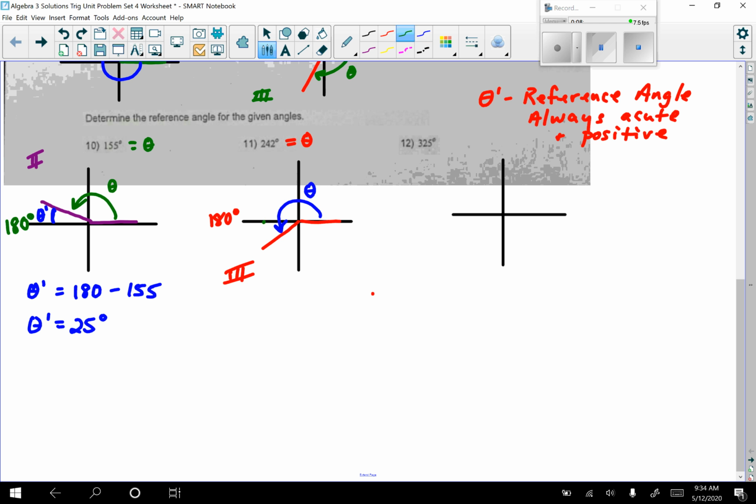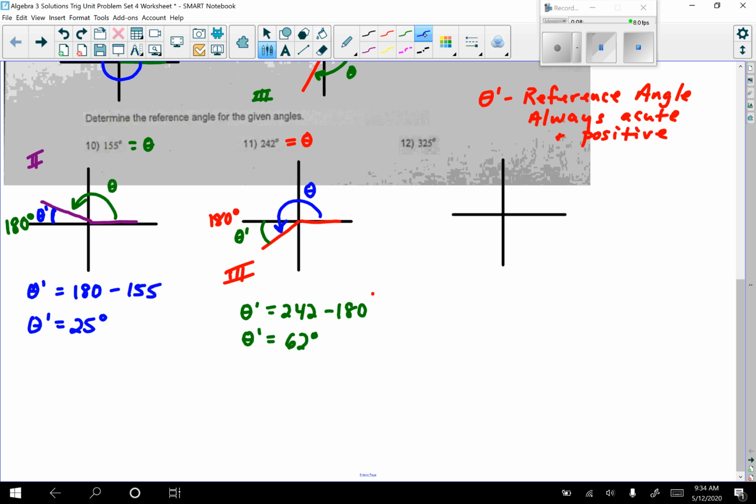This part here, how much further than the 180 degrees did we go? This is theta prime. So theta prime in this case is going to be 242 minus 180, which will be 62. So my reference angle, I just went 62 degrees past the x-axis there, past 180 degrees.